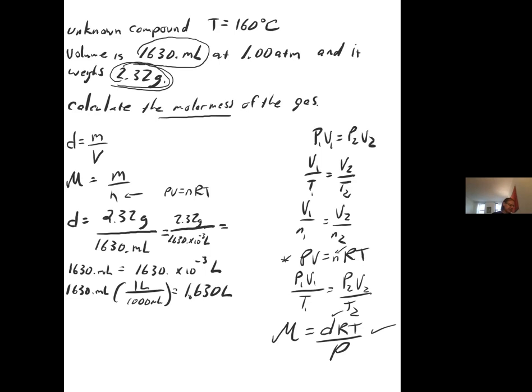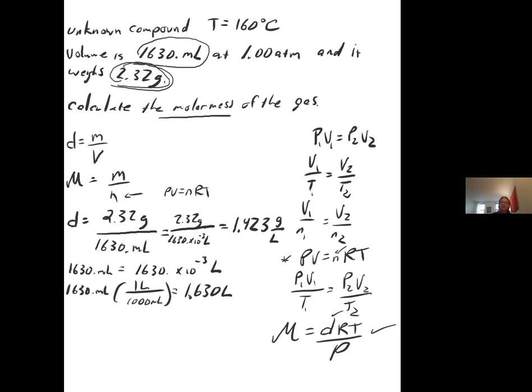So 2.32 divided by 1630 times 10 to the minus 3, and you get 1.423 grams per liter.